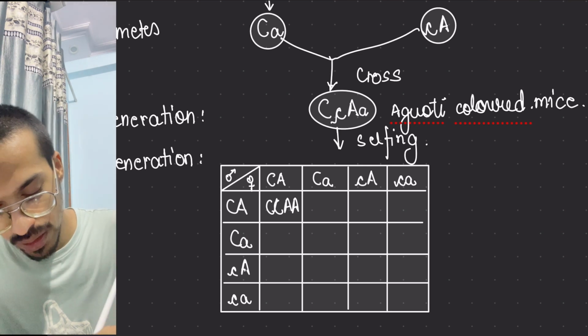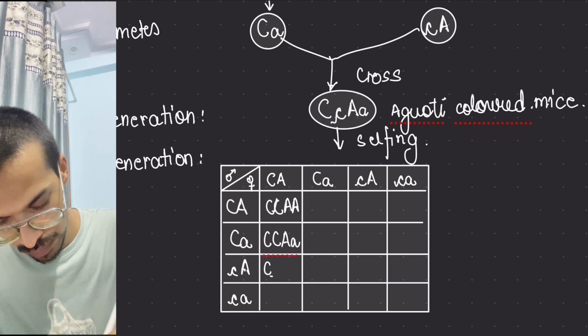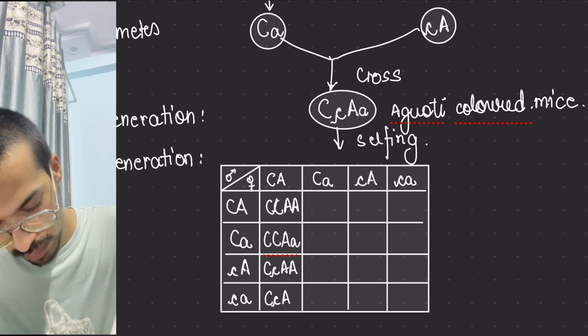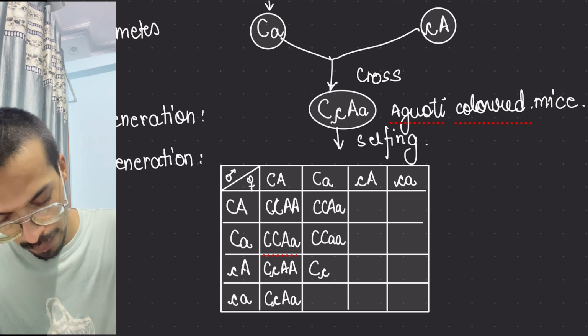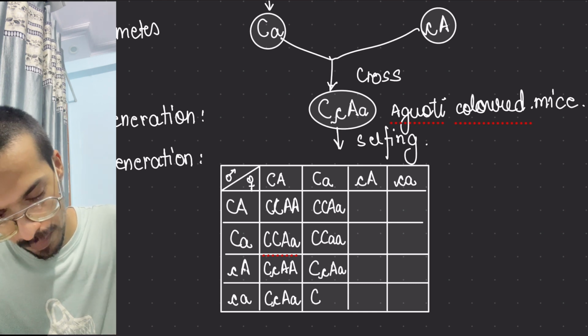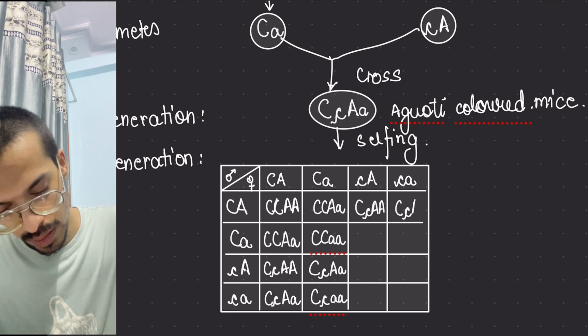So pairing would be like this only. So this is your Punnett square.